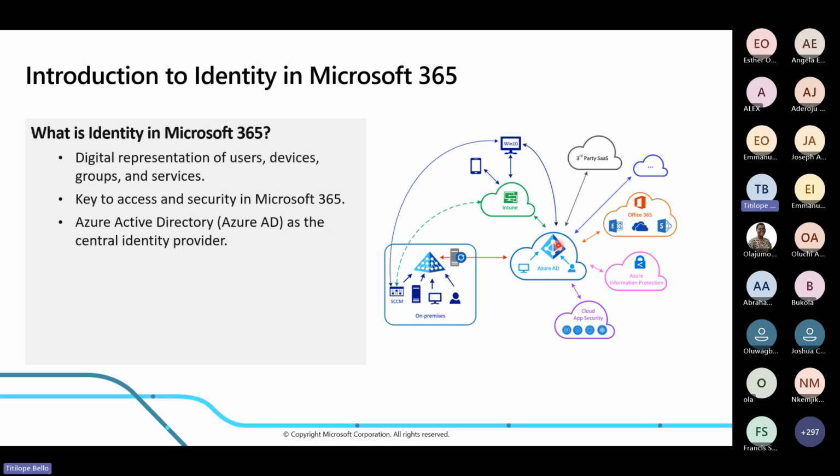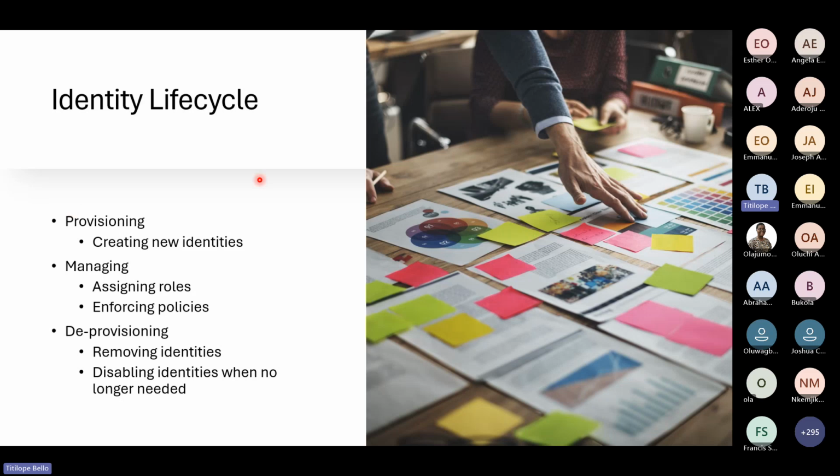But what we are focusing on is the Azure Active Directory, so I'll call it Azure AD, Azure Active Directory. We will talk a bit more about some of these connections that you are seeing, like on-premises, third-party access or SaaS, that's software as a service solution. We'll talk about it later. Let's move on from here.